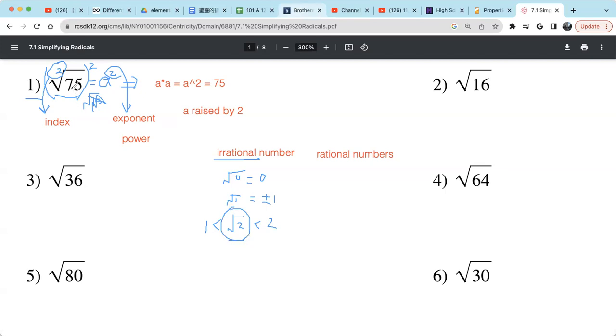So square root of 75 can be simplified. How? Because 75 equals 25 multiplied by 3, and 25 can be written as a square. 25 is 5 times 5, or 5 squared.